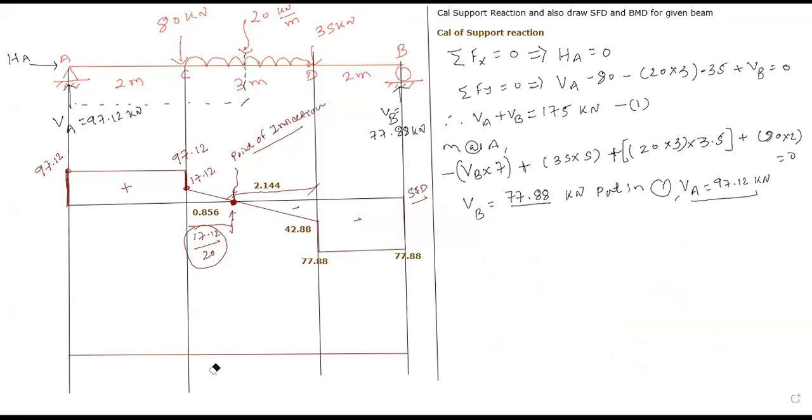Now we have already discussed one equation for bending moment. Bending moment at X equals bending moment at previous point plus or minus area of shear force diagram between X and previous point.